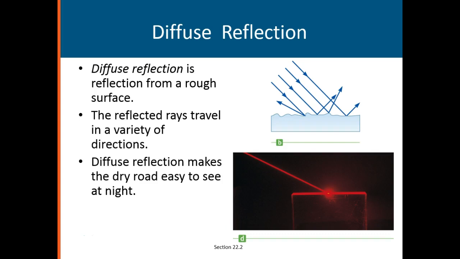Now, in reality, not all surfaces are perfectly smooth. I imagine from where you're sitting, I know from where I'm sitting, I can see somewhat a reflection of the light coming in the window off the floor. Can you see it? Look at the floor. Don't you see some reflection coming off the floor? But it's not a perfect reflection. It's not got smooth, clean lines like the window does.